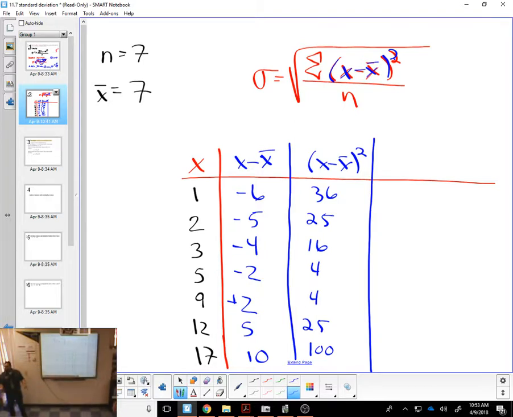Now, what do I have to do? Add them up. And yay for my calculator. Nope, all by hand. Yeah, no thank you. 36 plus 25 plus 16 plus 4 plus 4. I got a 210. So the sum is 210.